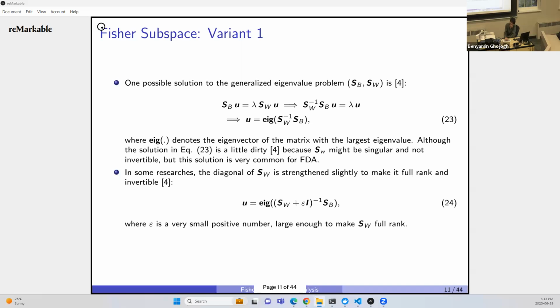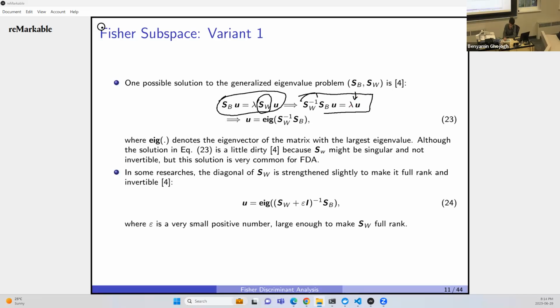Do you remember? I don't know if I told you this before, but when I have a generalized eigenvalue problem, can I convert it to an eigenvalue problem? If I left multiply both sides by SW inverse, this SW, which is a pain in the neck, goes away.